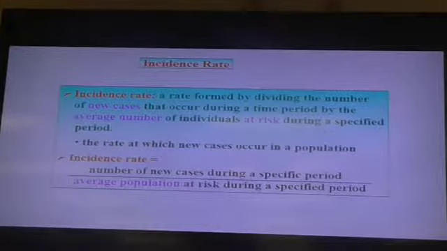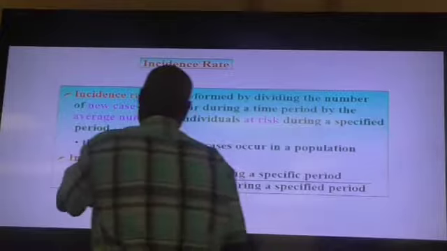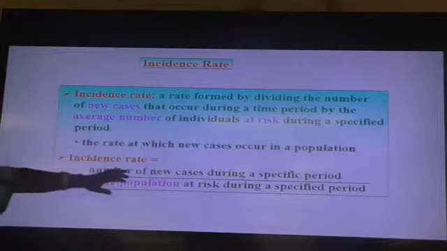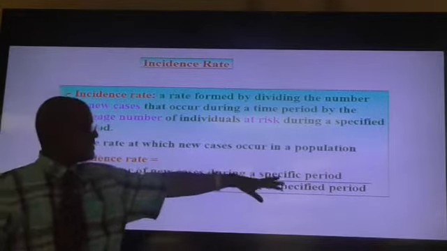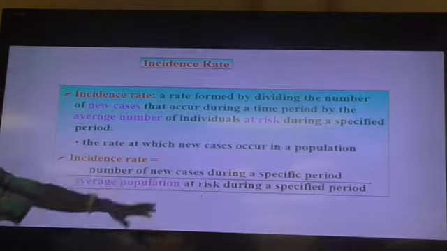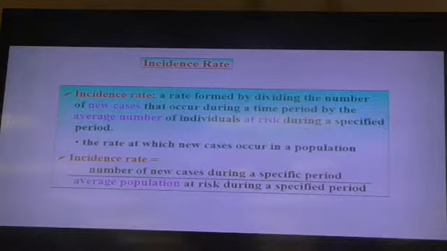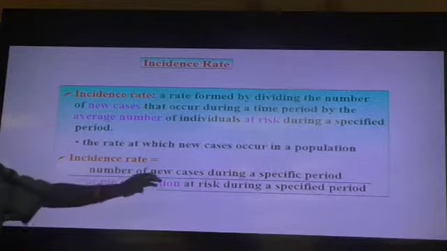Now, when we say incidence rate, we are talking about what? Number of new cases during that specified period divided by the average population at risk during that period.